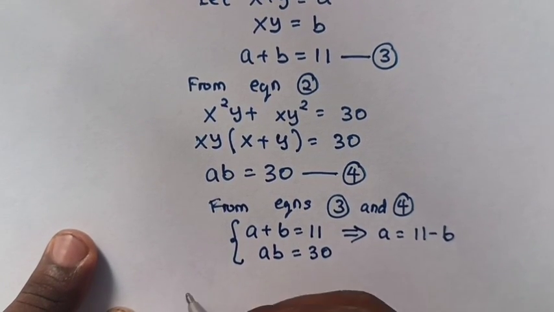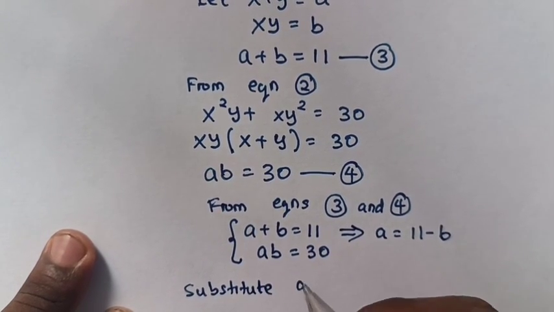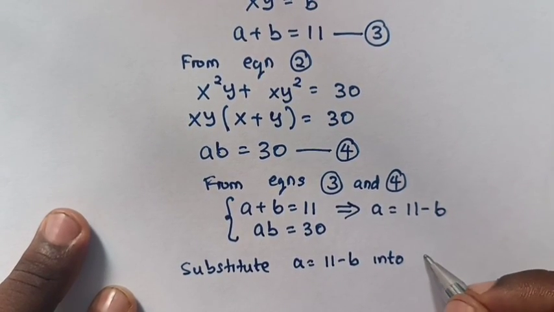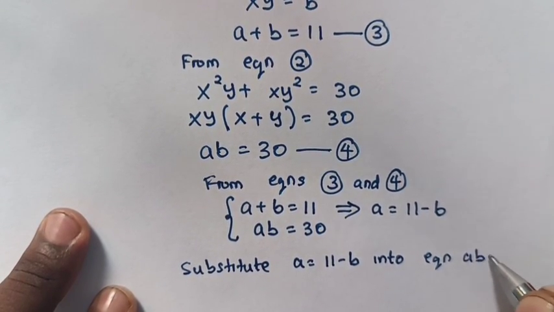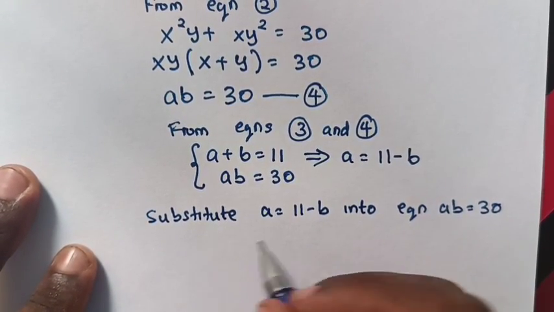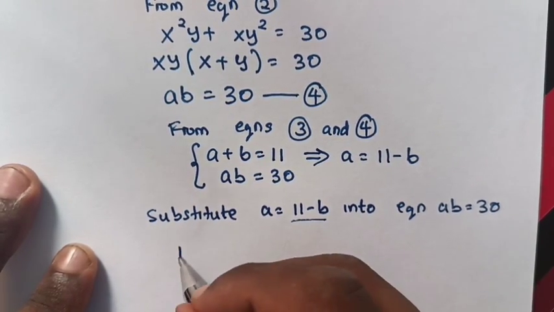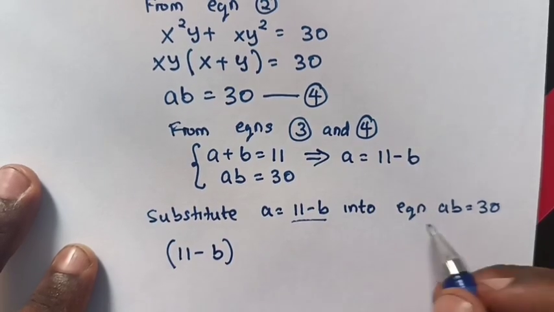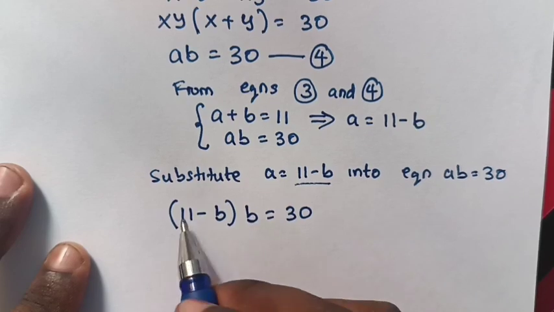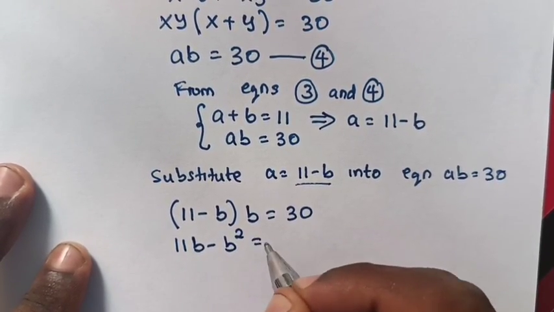So we will substitute a is equal to 11 minus b into the equation ab is equal to 30. When we substitute the value of a, it will be 11 minus b, bracket, times b is equal to 30. Then we multiply inside the bracket, it will be 11b minus b squared is equal to 30.